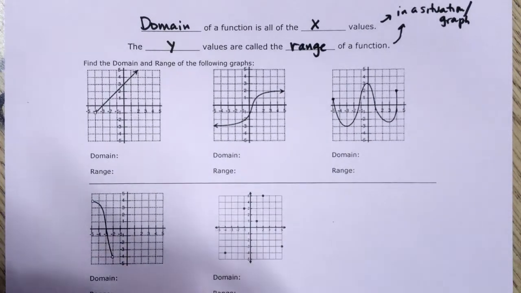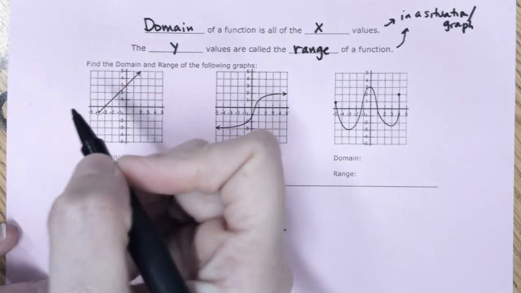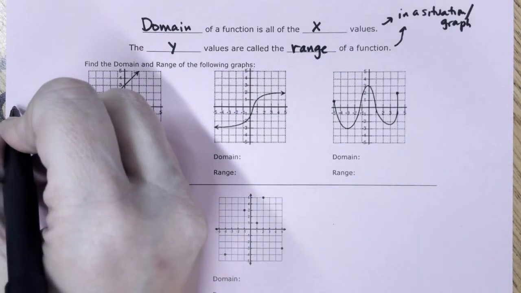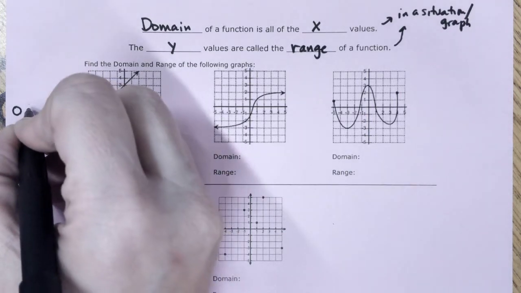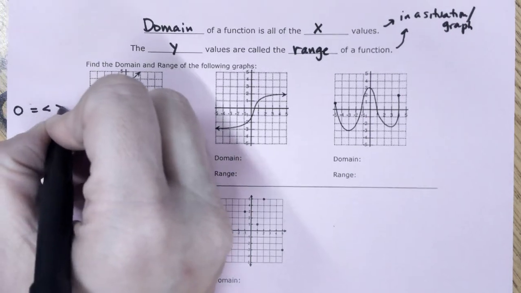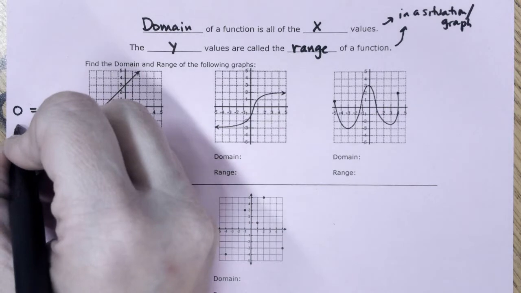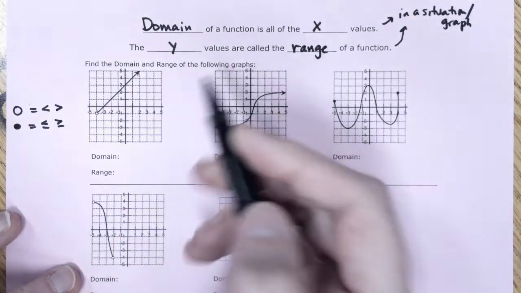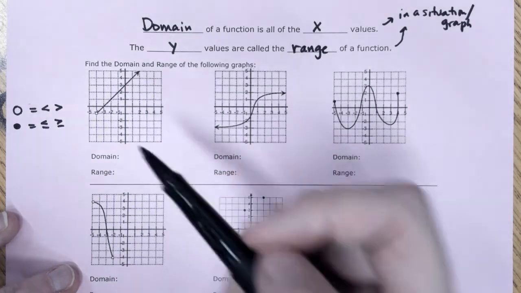Okay? One of the things we need to recall that you learned before, in order to answer these questions, is how to graph inequalities, which I know you did last year, but we're going to review it again. If you recall, a circle like this is less than or greater than. When I'm looking at a graph, a dot is less than or equal to, greater than or equal to. The way I think of it is like a force field.